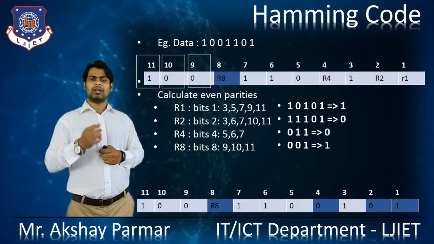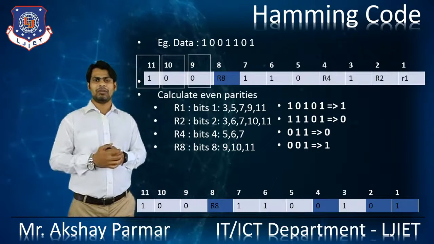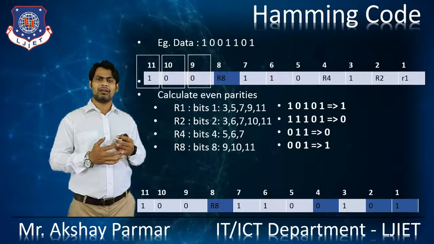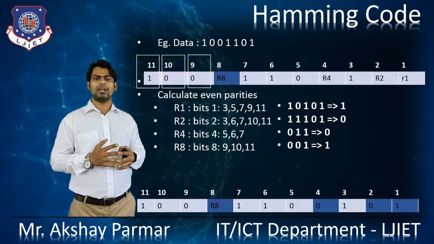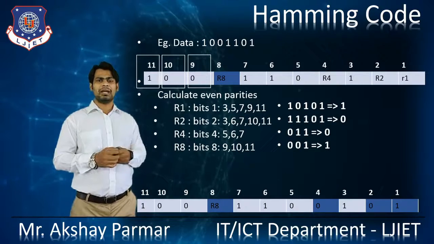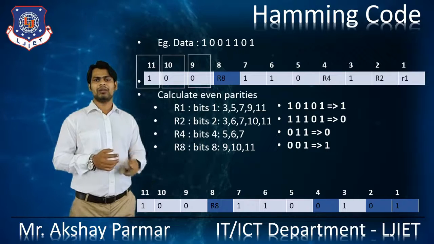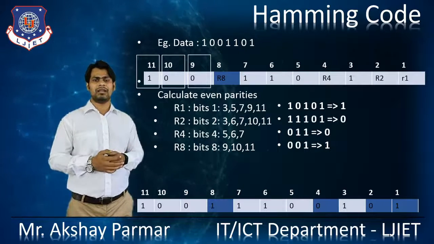So there is only one 1 in that, so it has an odd number of ones. To make that an even number, we are simply putting 1 at the redundant bit R8, so we can have even parity there, right? So that's how we are setting the bit R8 to 1.